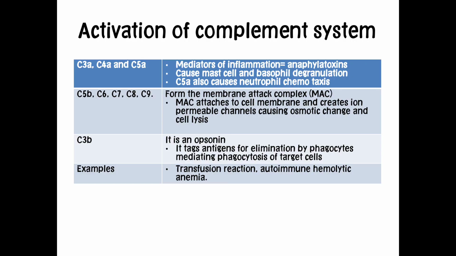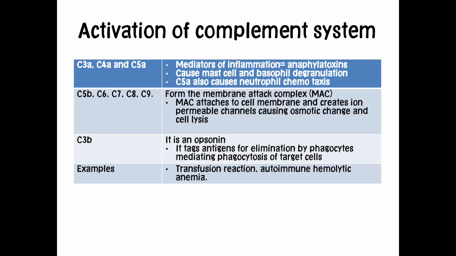For example, complement proteins C3a, C4a, and C5a mediate inflammation, and they are also known as anaphylatoxins. They cause mast cell and basophil degranulation, causing release of granzymes that consequently perforate and destroy the target cell and digest its contents.